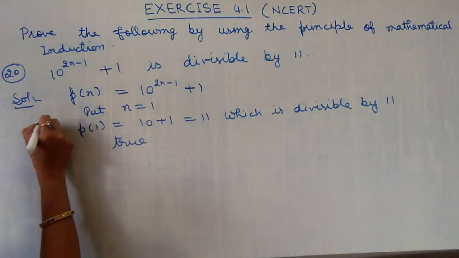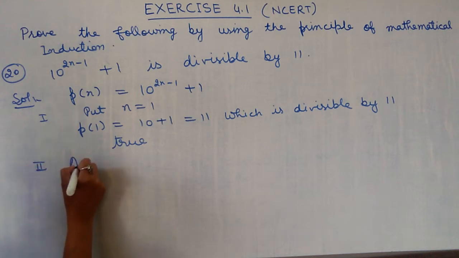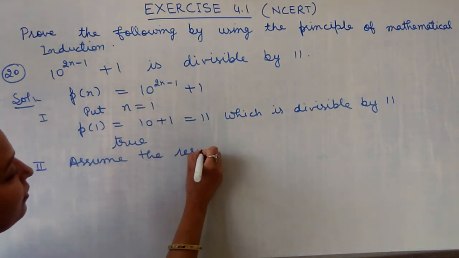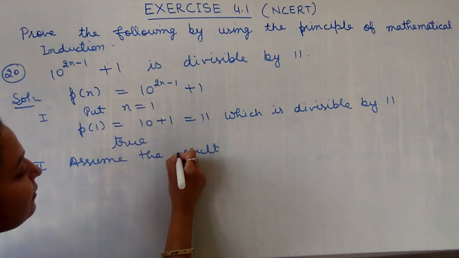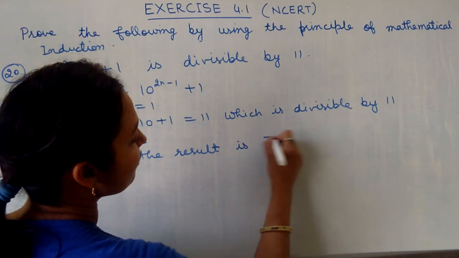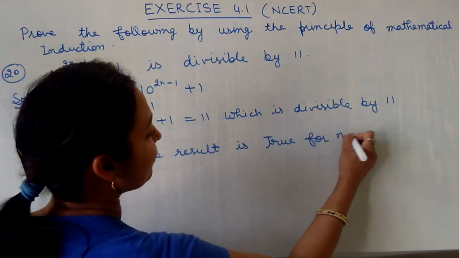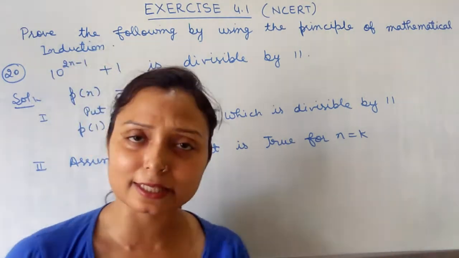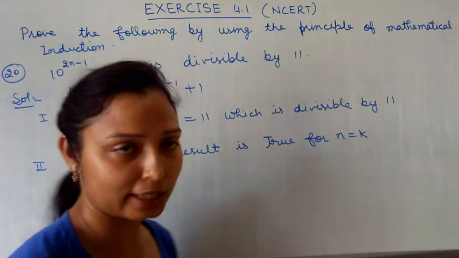Now come to the second step, that is, assume the result is true for n equals k. When you take n equals k, you just take the value of n as k.